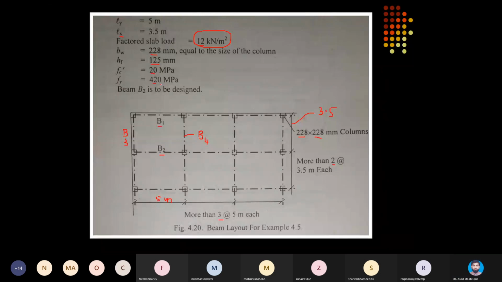And once all these designs are done, from architectural drawings, you will know how much floor finish thickness the architect is proposing and the type of floor finish proposed.